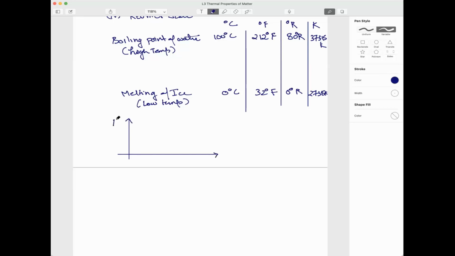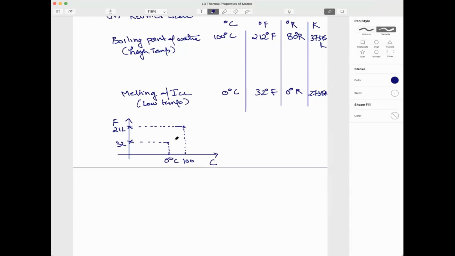Let's say Fahrenheit and degree centigrade: at 212 degrees Fahrenheit, this point is the boiling point of water, which in degree centigrade is 100. And at 32 degrees Fahrenheit is the melting point of ice, or the freezing point, which is 0 degrees centigrade.